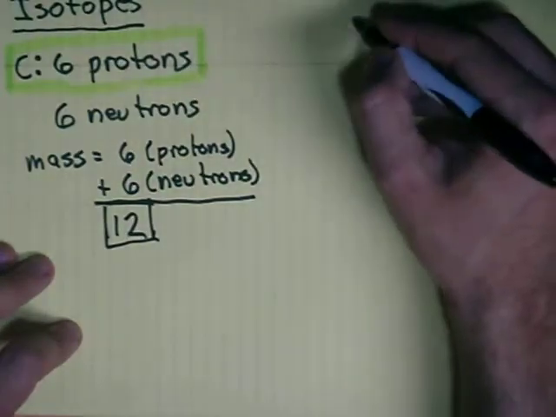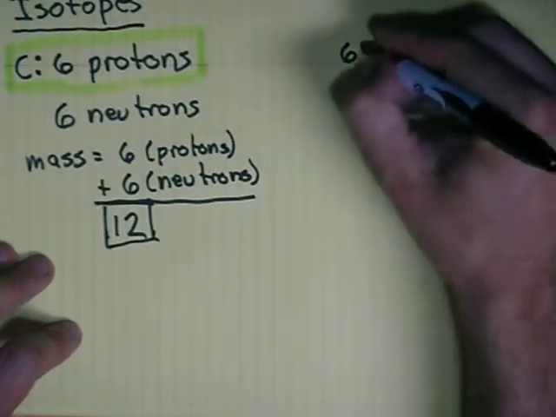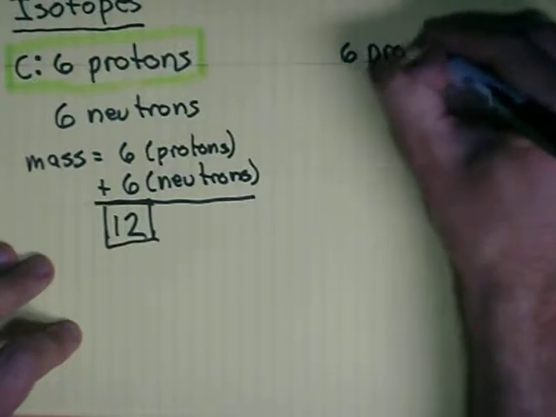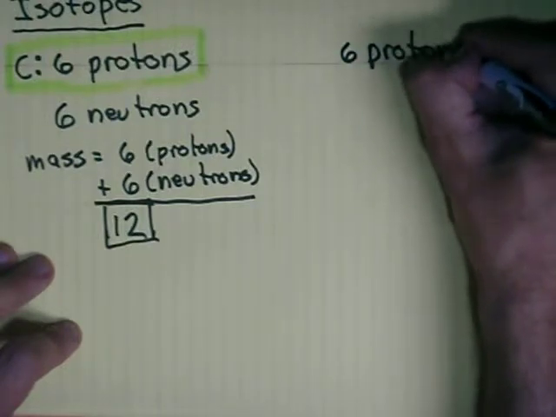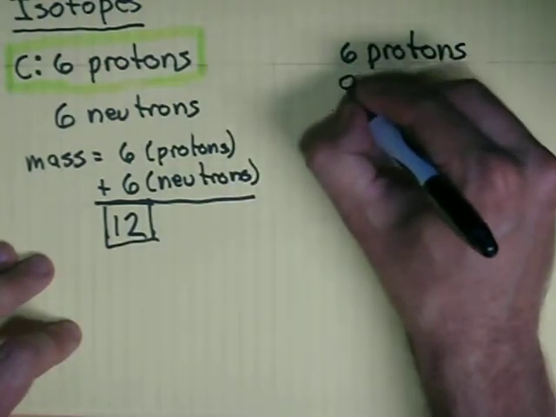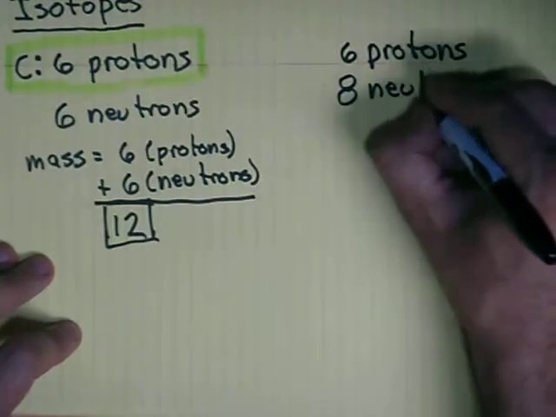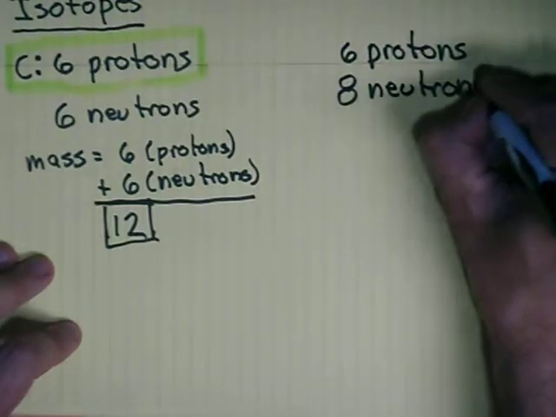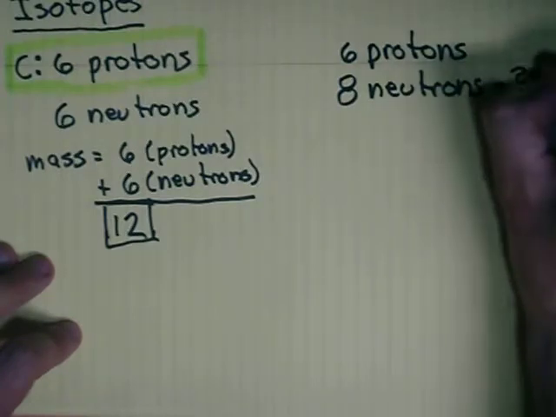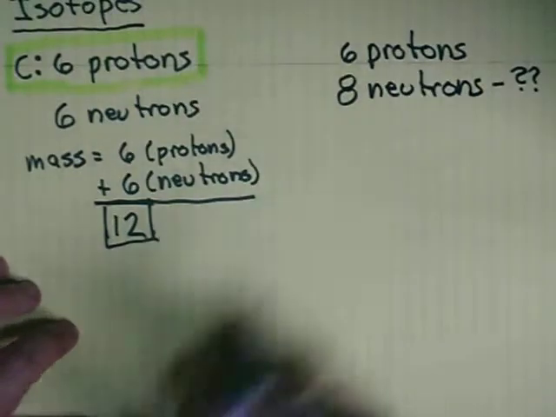We're still carbon, so we still have 6 protons. But what happens if we have 8 neutrons in the nucleus? So, what is that?